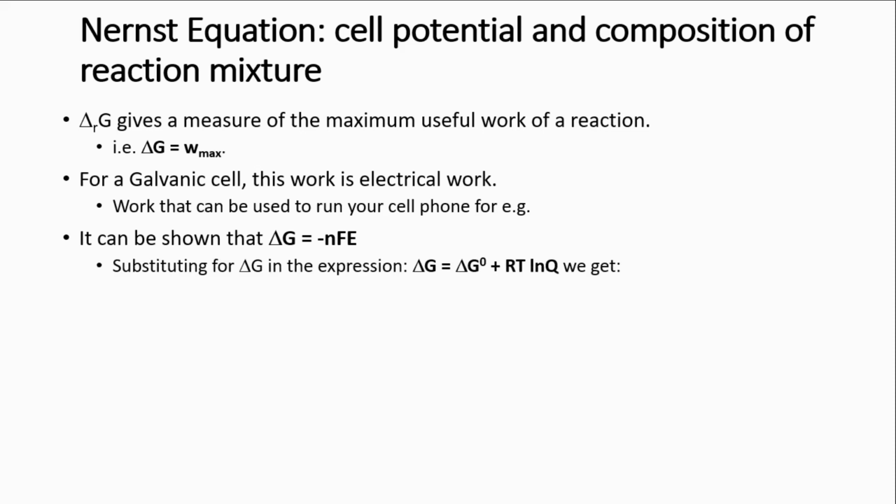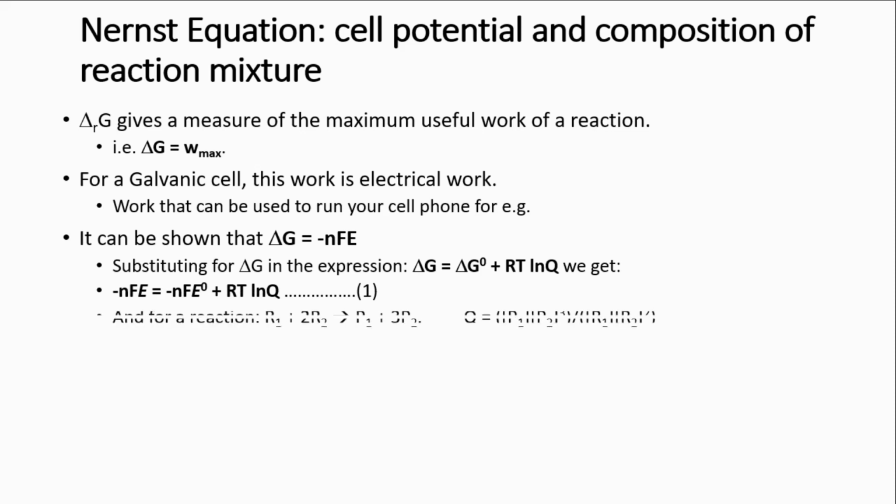Now, substituting for delta G in the expression on the previous slide, here's the expression, delta G is equal to delta G naught plus RT ln Q. If we substitute for delta G, then we have minus NFE is equal to minus NFE naught plus RT ln Q. Of course, we know that if we have a hypothetical reaction where reactant 1 reacts with 2 moles of reactant 2 to give product 1 plus 3 moles of product 2, then the quotient is represented by this equation here on our right, where we have products over reactants, raised to their coefficients.